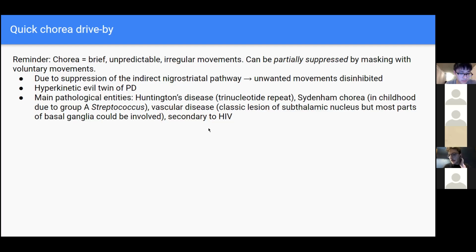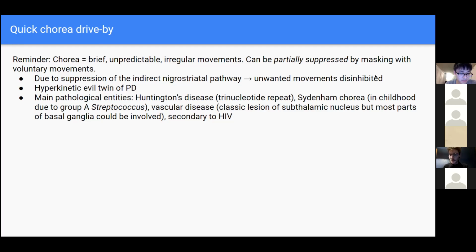Alpha-synuclein is an abnormal protein that deposits within the brain, and it mainly deposits in neurons that produce dopamine. We know that it's involved in the pathogenesis of Parkinson's disease, and we know that dopamine is a big player in causing the presentation of Parkinson's disease.